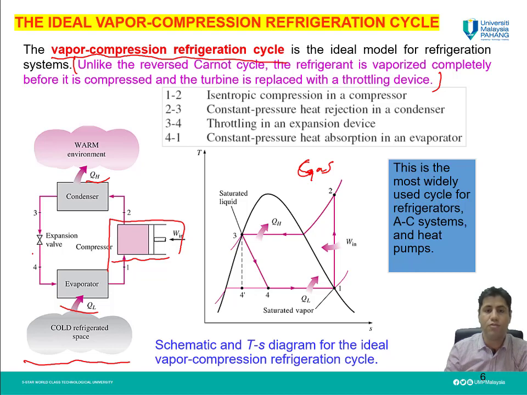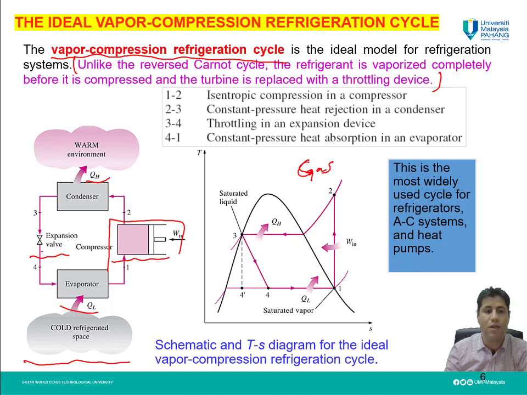And also the turbine, if you remember, has a limitation: it cannot handle a two-phase mixture or substance. But here we substitute it with an expansion valve, as you can see here as well. In the graph, I will discuss that.